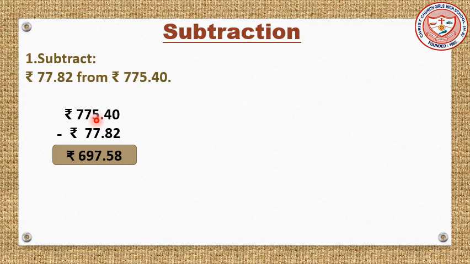Now if we subtract rupees 77 from rupees 775, it gives us rupees 697. Okay, so girls, the answer is rupees 697.58. Okay.